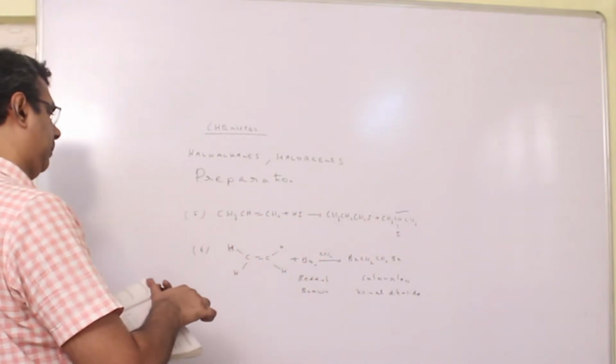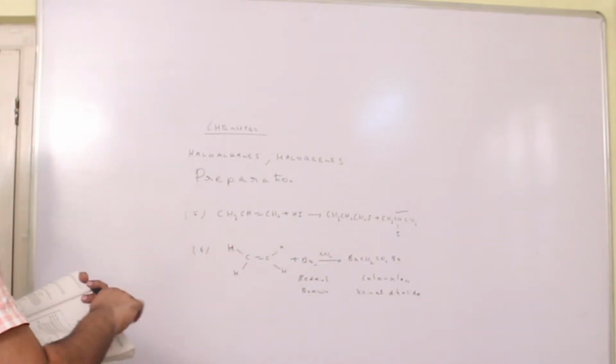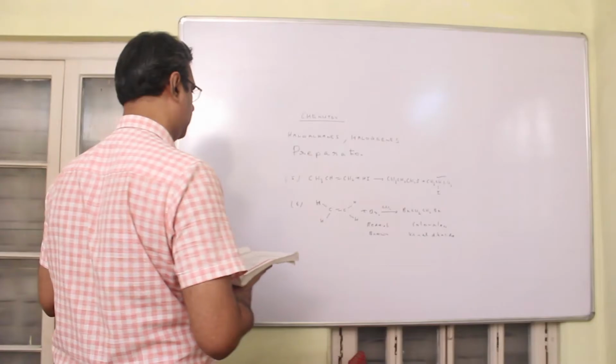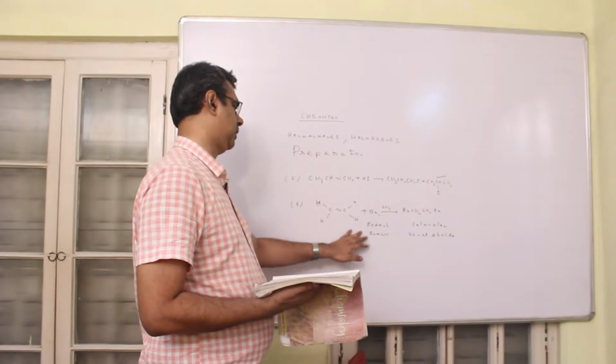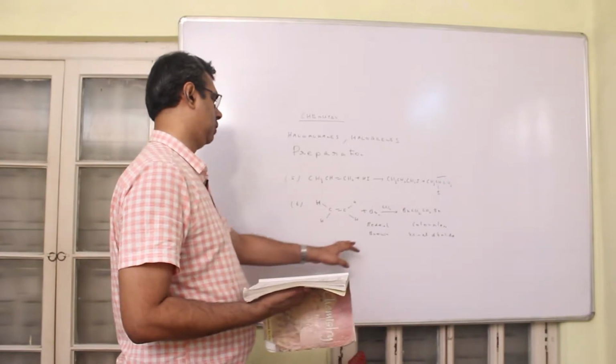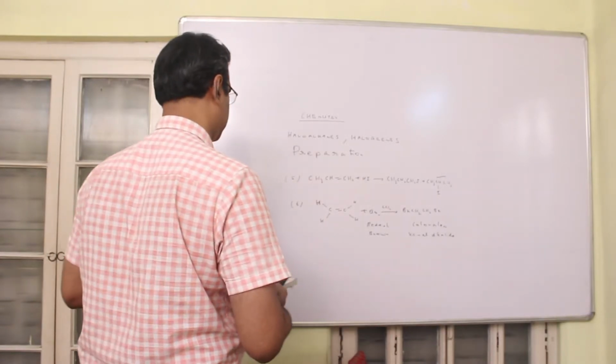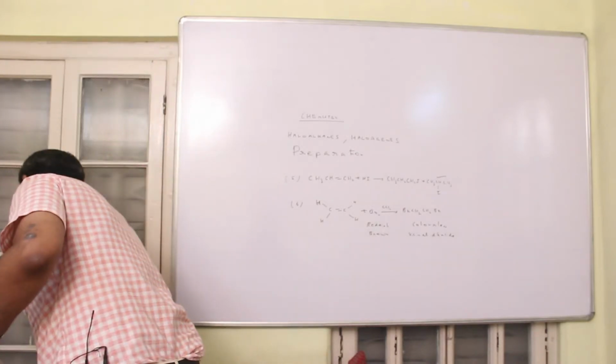Vicinal because the halogen is added to adjacent carbons. So this is that very famous test for unsaturation. So reddish brown color of bromine is discharged to give colorless vicinal dihalide.